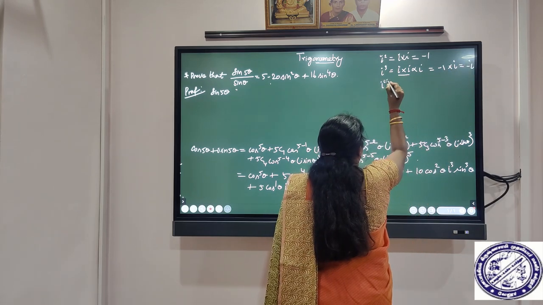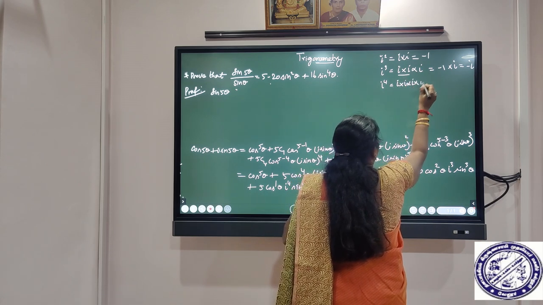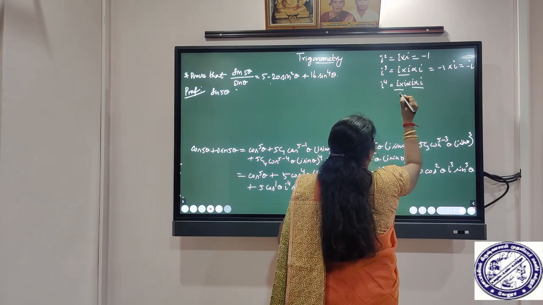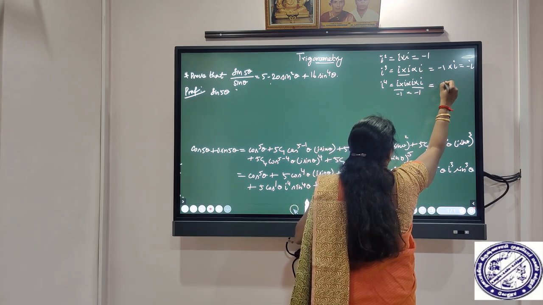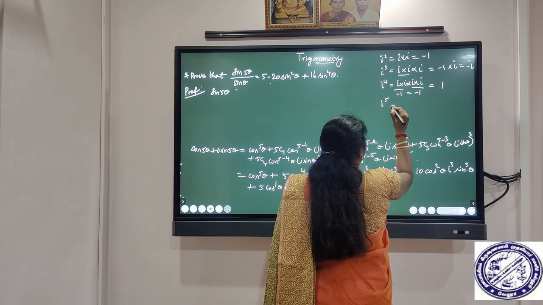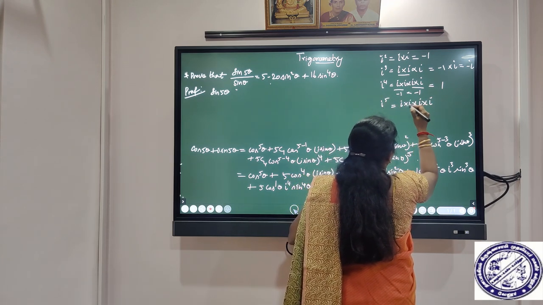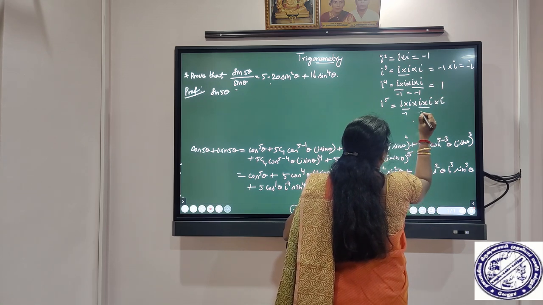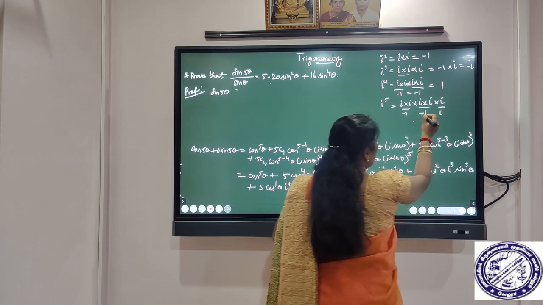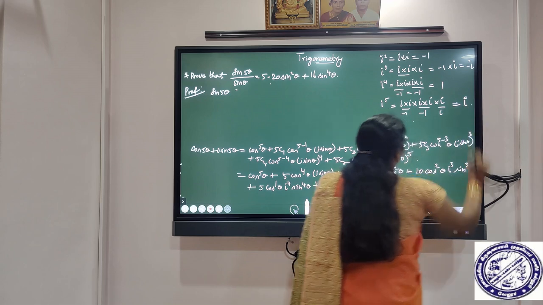Next one, i power 4 means i square into i square, that is minus 1 into minus 1, so minus into minus is plus 1. Next, i power 5 is i power 4 into i, so plus 1 into i is equal to i.